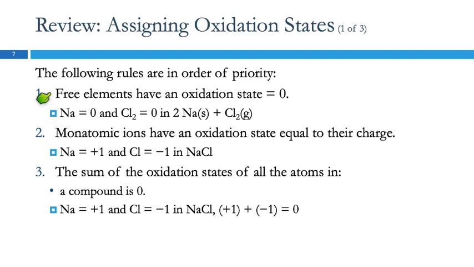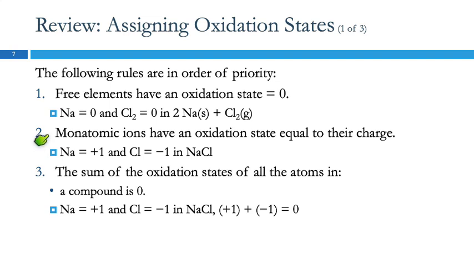So free elements have an oxidation state of 0. When we write the symbol for an element, do we put a charge on it? No, only if it's an ion, right? The element itself has a charge of 0. It also has an oxidation state of 0.